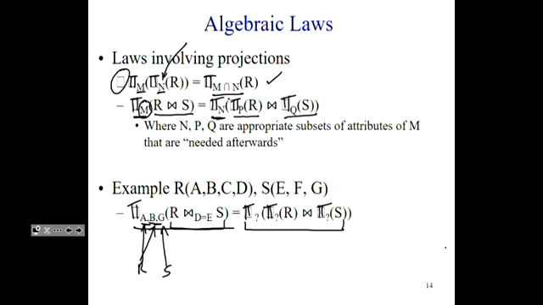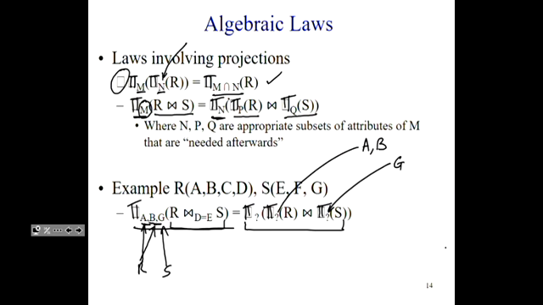Let me start with something: maybe this should be A comma B. Is this correct? And maybe this should be G. Is this correct? No, because you still have the D equals E in the theta join. Exactly.